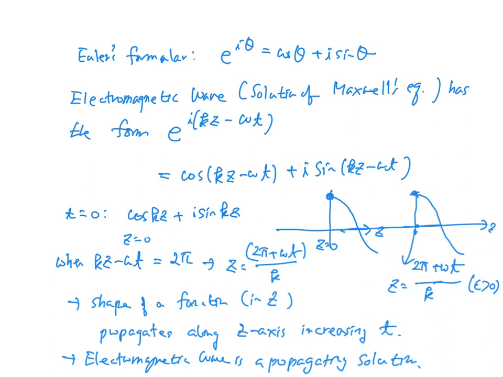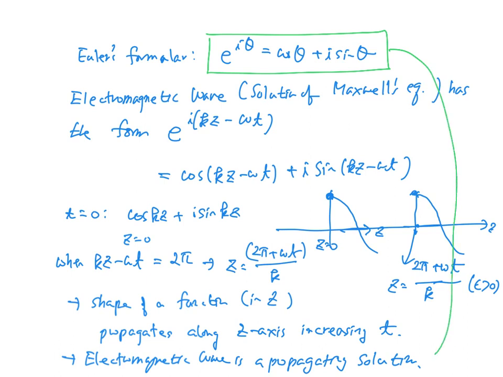So the wave is propagating because of Euler's formula. Euler's formula actually allows the propagation of the electromagnetic wave, this particular form of solution.